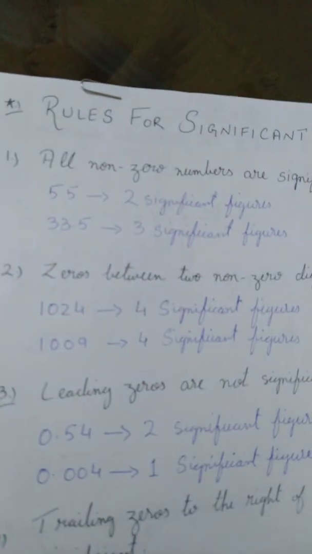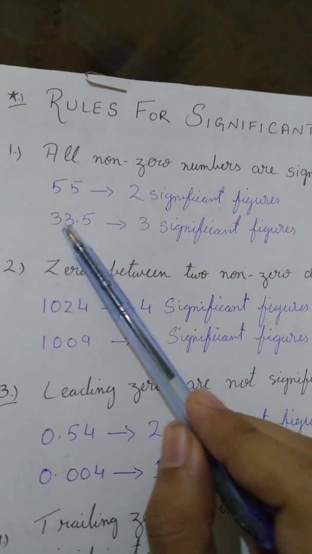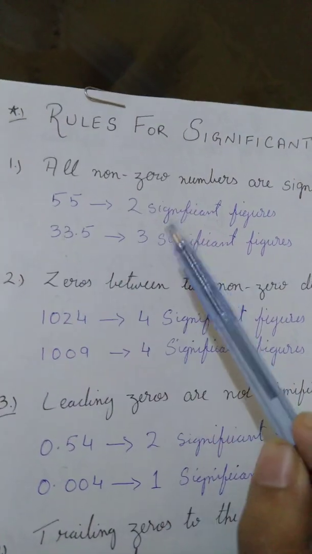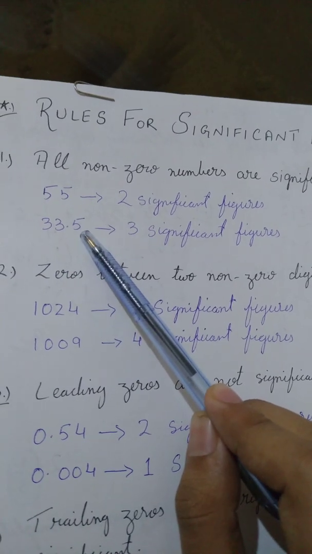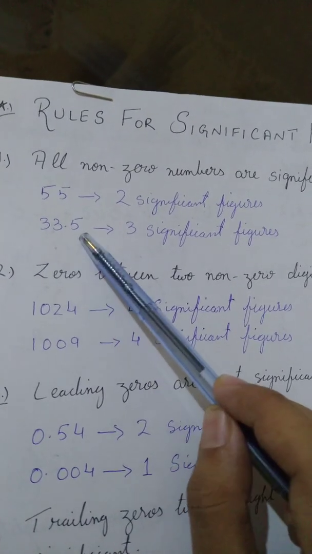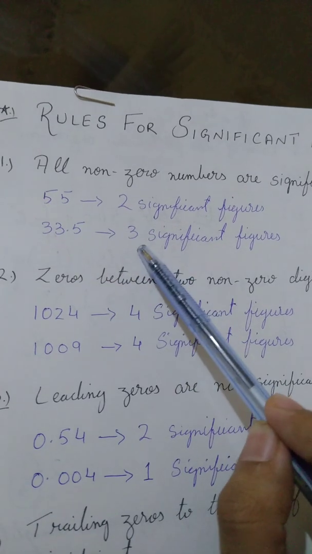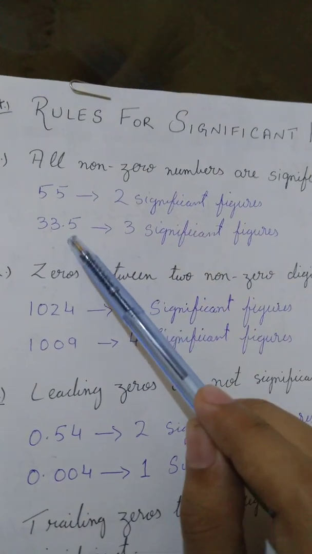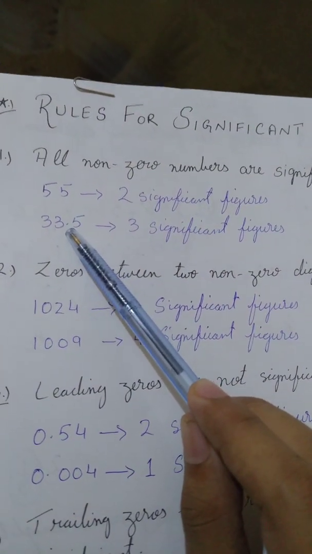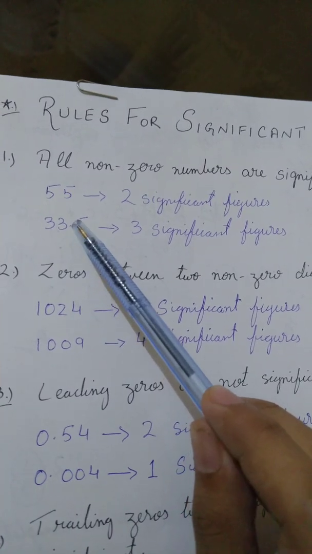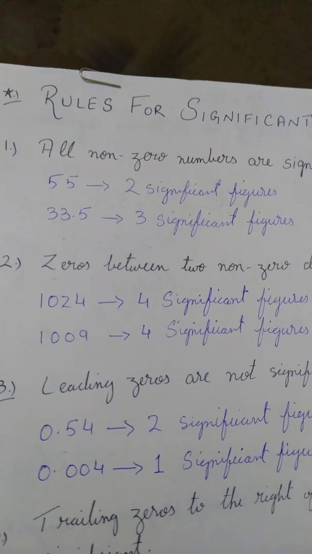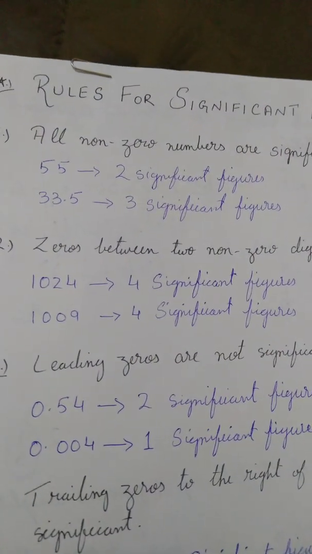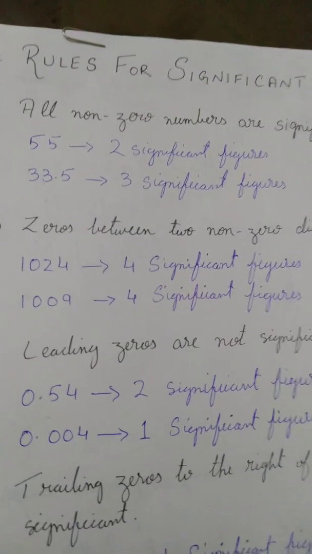Now this number 33.5: 3, 3 and 5 are all non-zero numbers, so all three of them are significant. So this number has three significant figures. You can see there's a decimal point here. It will be very important in the coming points, and as we move on, we will understand why this point is important.